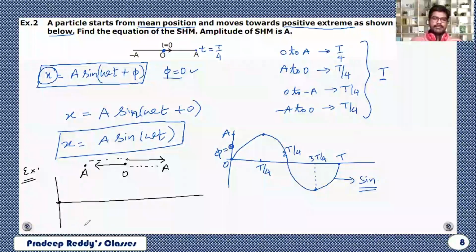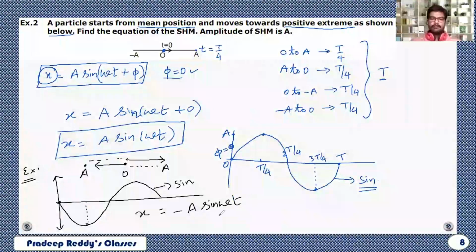Therefore, the displacement is along negative, and from here it goes to 0, and then it comes here, and then it comes here. This is also a sinusoidal function, but the initial displacement of the particle is towards the negative x-axis. Therefore, if the particle starts at mean position and goes left side, you need to represent this as x is equal to minus A sine omega t. This is the equation for displacement of the particle executing simple harmonic motion.